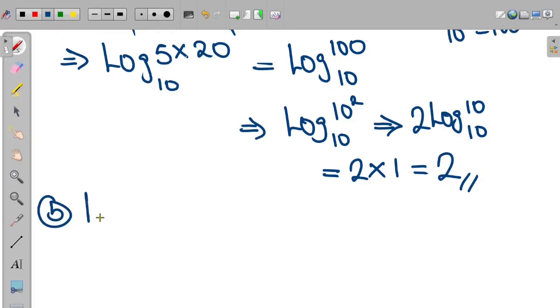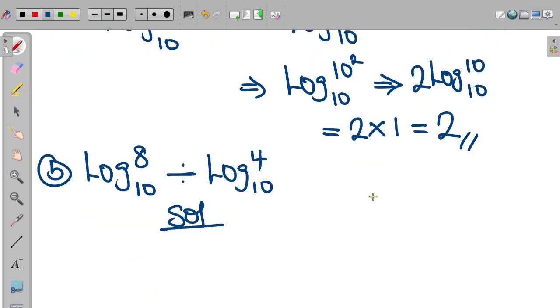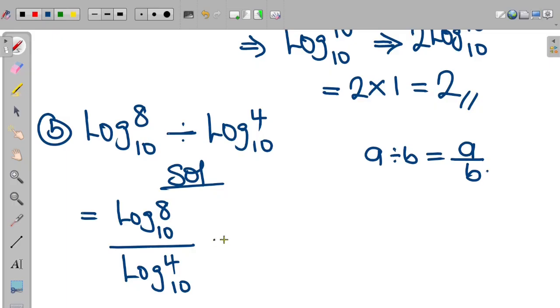So B says log 8 to base 10 divided by log 4 to base 10. So recall that if I have A divided by B, this can be expressed as A divided by B. So question B can be expressed as log 8 to base 10 divided by log 4 to base 10.